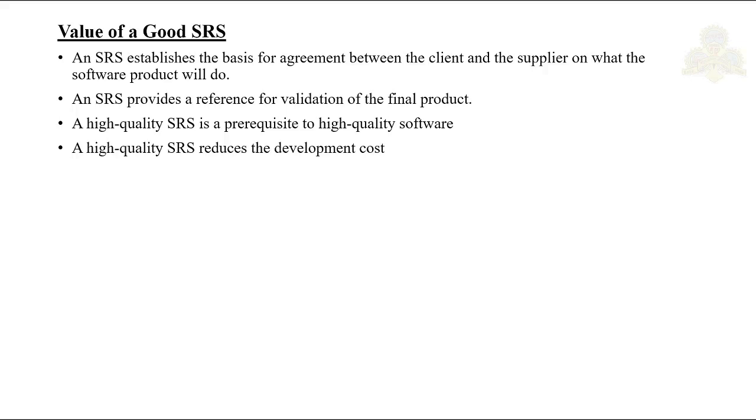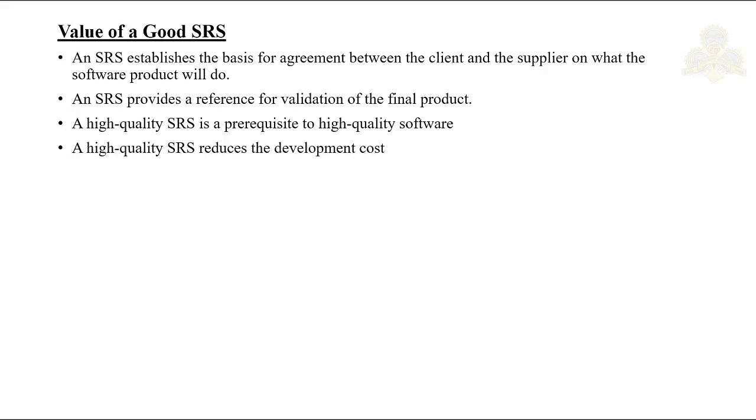So one of the values of SRS is that it establishes the basis for agreement between the client and the supplier on what the software product will do. So your SRS will act as an agreement or proof between the client and the supplier. Supplier means your product developing company, okay.